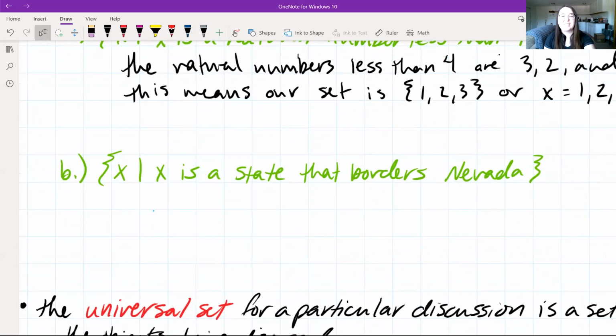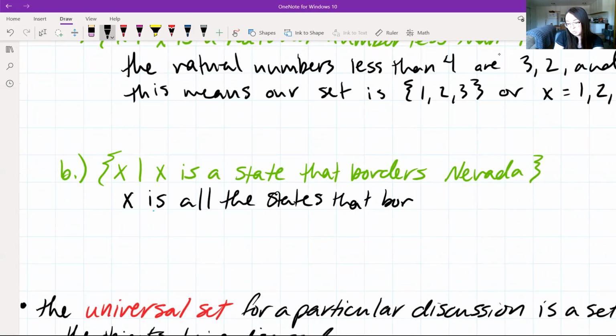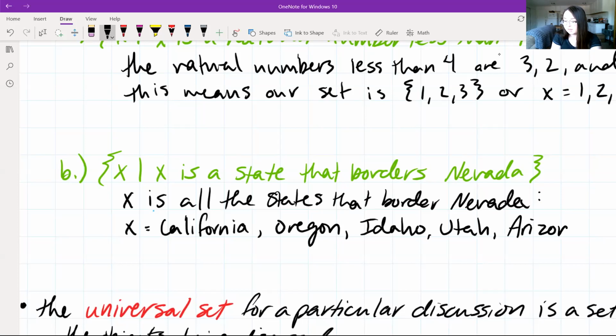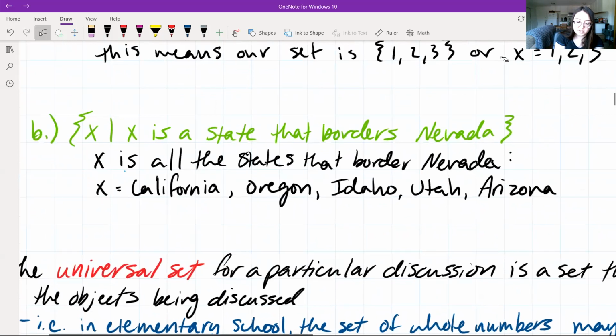So we know that this set, where X is equal to California, Oregon, Idaho, Utah, and Arizona.